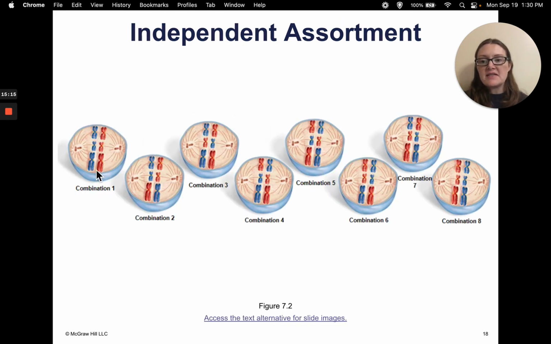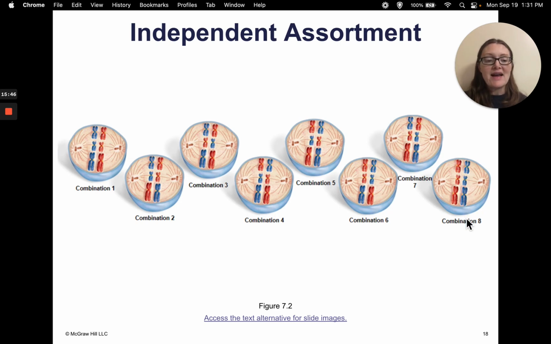So here we can see some different combinations, and this is just using 3 different chromosomes as examples. Again, thinking of the red as the mom and the blue as the dad, and that these are homologous chromosomes that have already replicated. So they could line up with all the blue on one side and all the red on one side, or we could get this combination or this combination, and you see that there is a possibility of 8 different combinations just from looking at 3 different chromosomes.